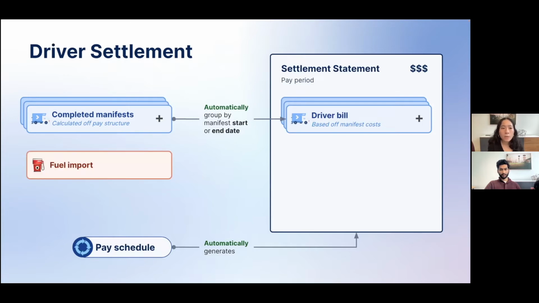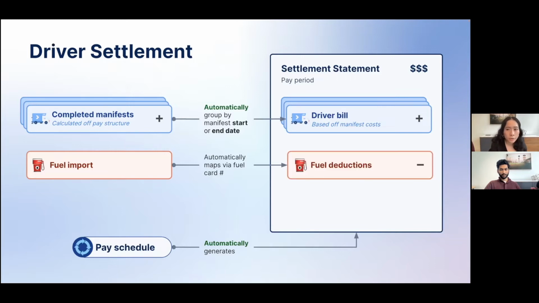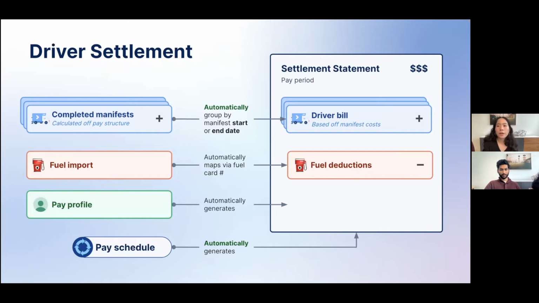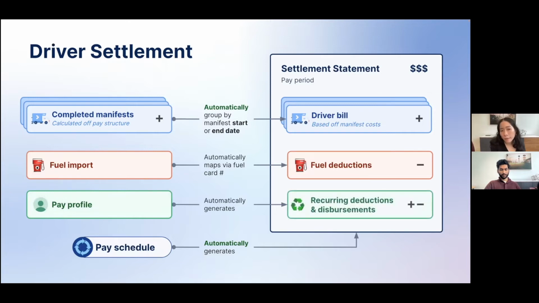Then we've also introduced fuel imports, and that allows us to map fuel purchases that match the fuel card number on the driver's profile directly to settlement statements. Lastly, we've also introduced recurring deductions on the driver pay profile.